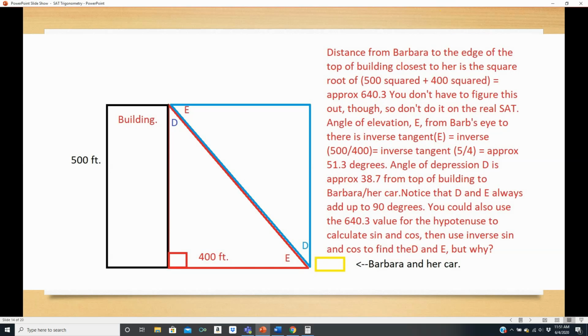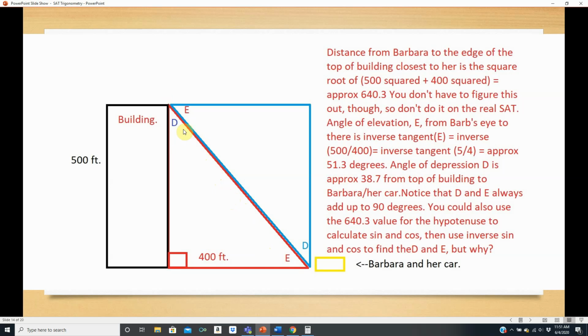All right, good. So anyway, it's 640.3, the value for the hypotenuse, and you can use that to calculate the sine and the cosine of these angles. So if you want to figure out the angle of depression from here, the opposite is 400 over 640.3.